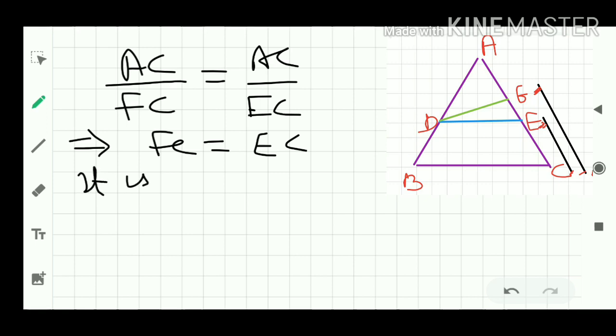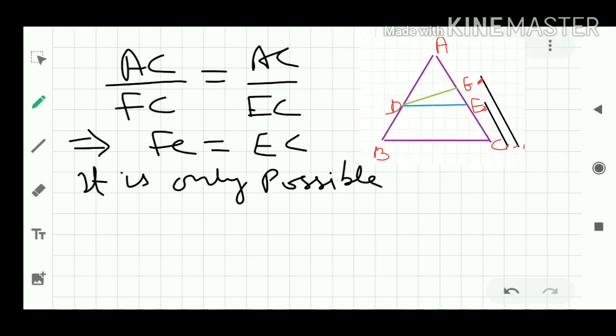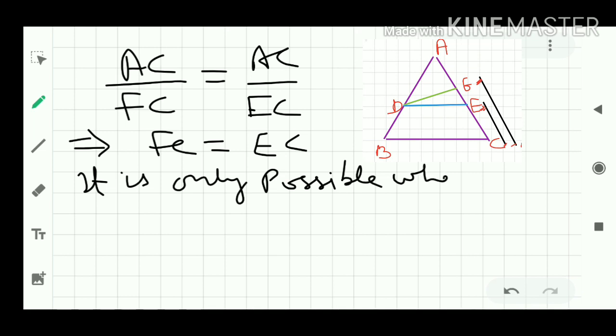It is only possible when point F and point E coincide.